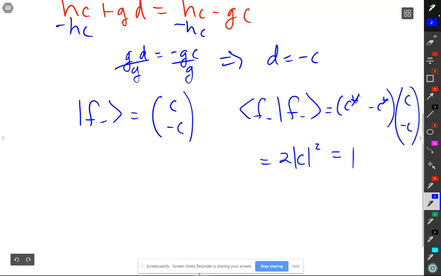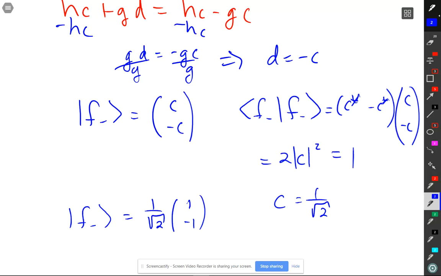And so that means C is equal to plus or minus any random e to the i theta, 1 over square root 2. And so we have our normalized F minus is equal to 1 over root 2 times 1, minus 1.